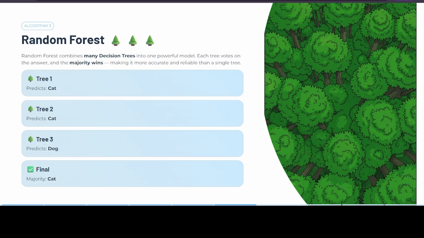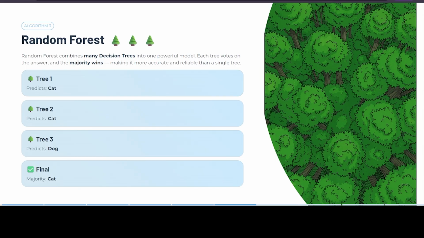you give it one image, and the random forest is going to analyze what kind of image it is. The first tree says this is a cat. The second also says this image is a cat, and the third says it is not a cat, this is a dog. The fourth also says it is a cat.